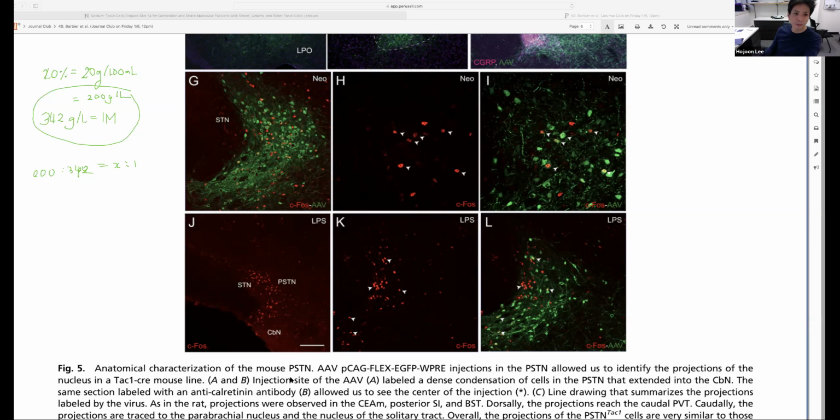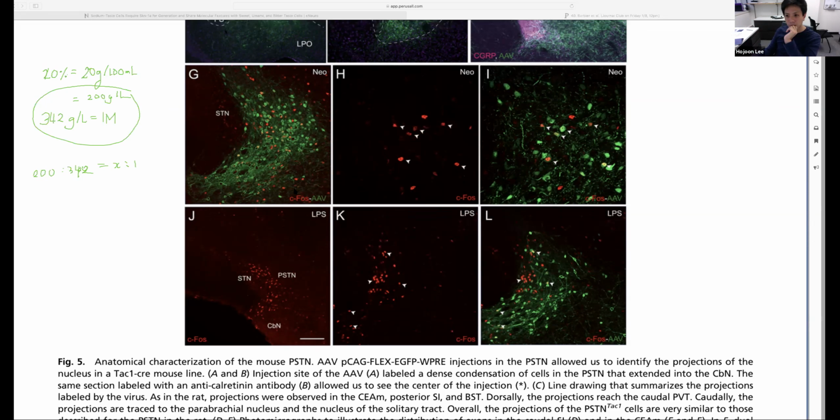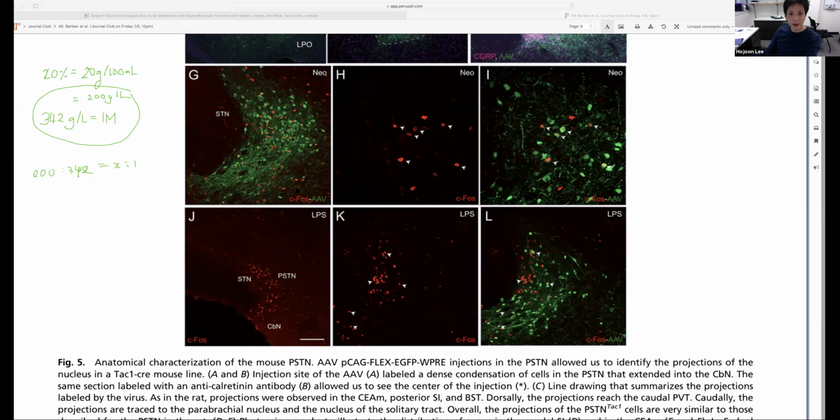And that would be conveyed by some of it will be by TAC1 expressing cells. So if Jiahao took a TAC1 Cre mouse and did photometry here, like he showed us on Tuesday, and the mouse is eating, drinking something sweet, 20% sucrose, then he might see some activity.